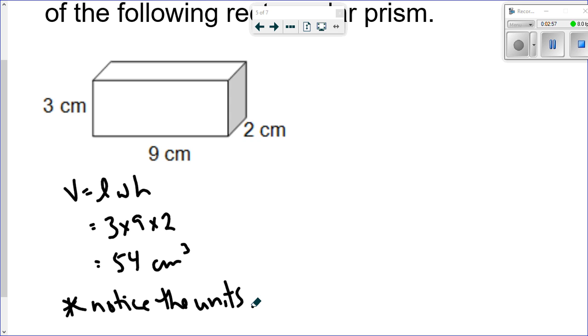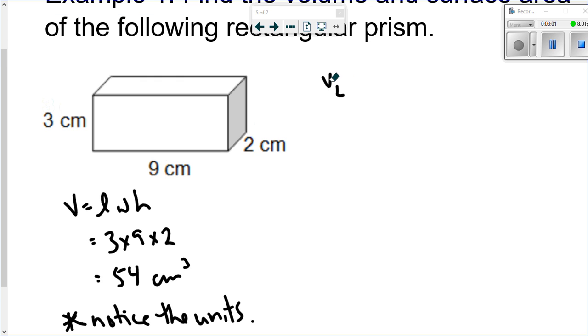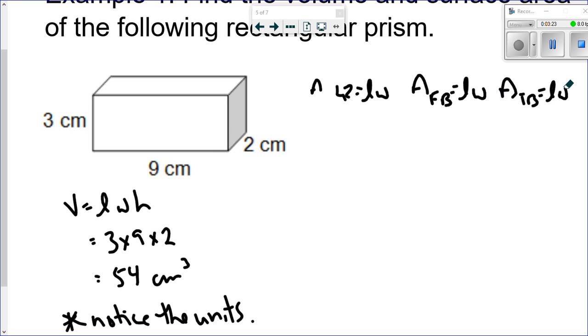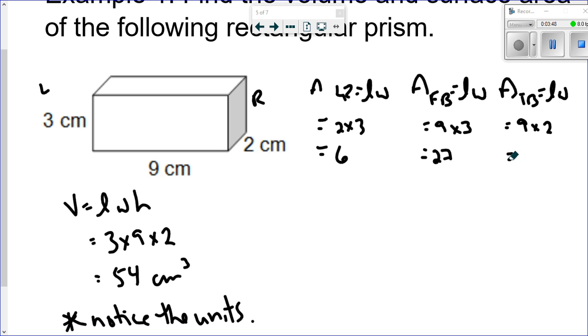Now, oops, that should be an A, not a V. Okay, so area of left and right, so left, right, equals front and back, 9 times 3 equals 27, and top and bottom, 9 times 2 equals 18.